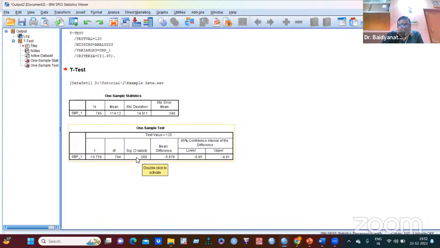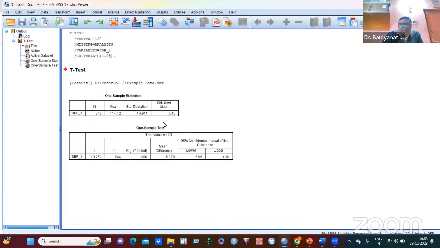Significant means we reject the null hypothesis and accept the alternative. So what is the null hypothesis? The null hypothesis means this value and these values are equal, that is, no difference.